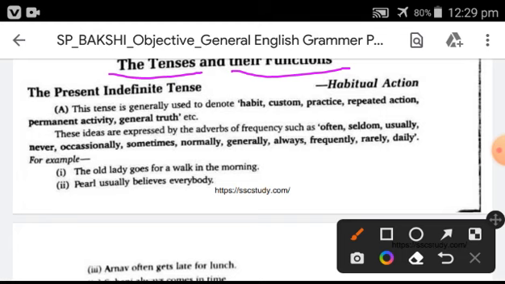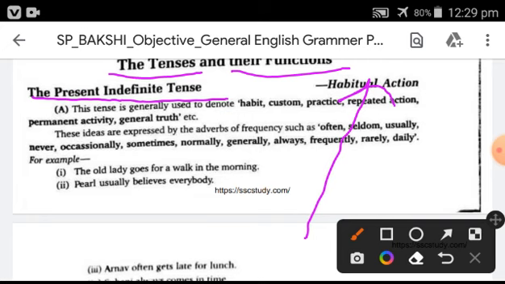First is the present indefinite tense. What does present indefinite tense refer to? It can be referred to as habitual action. Any present habitual action comes under present indefinite tense.